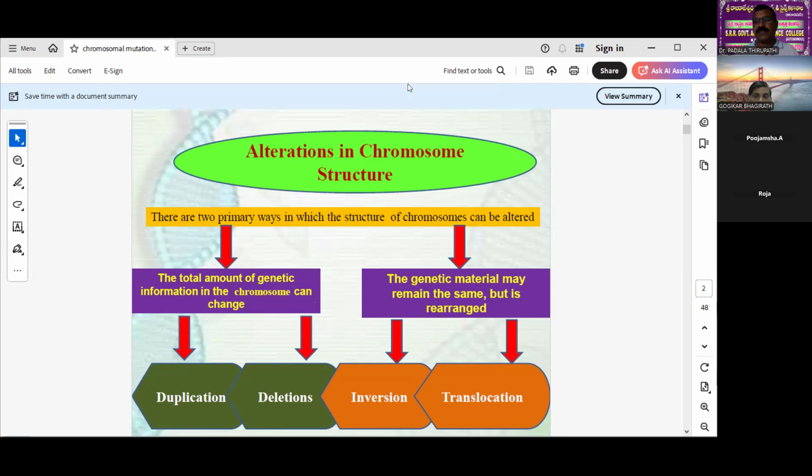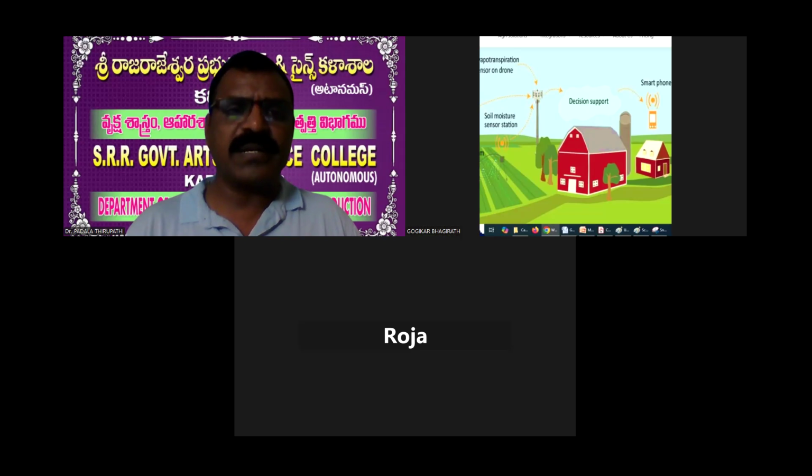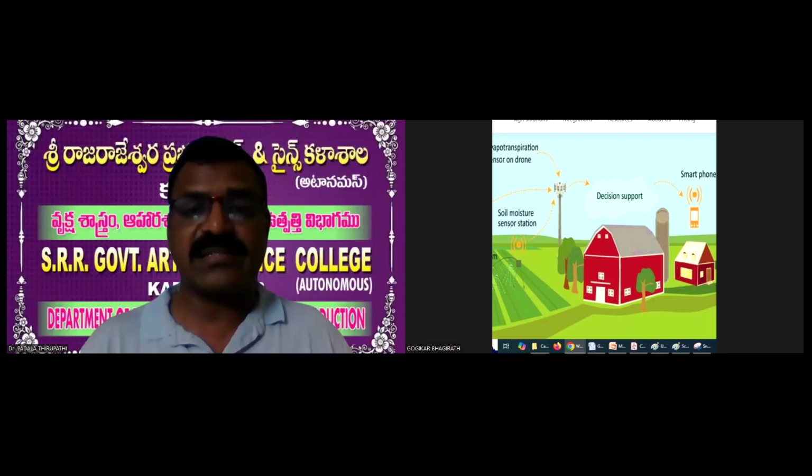Due to aneuploidy, trisomy or monosomy, different types of genetic disorders, that is syndromes, sir has quoted. And also sir has clearly explained the homologous chromosomes and monosomy, trisomy, monoploidy, diploidy, and polyploidy.